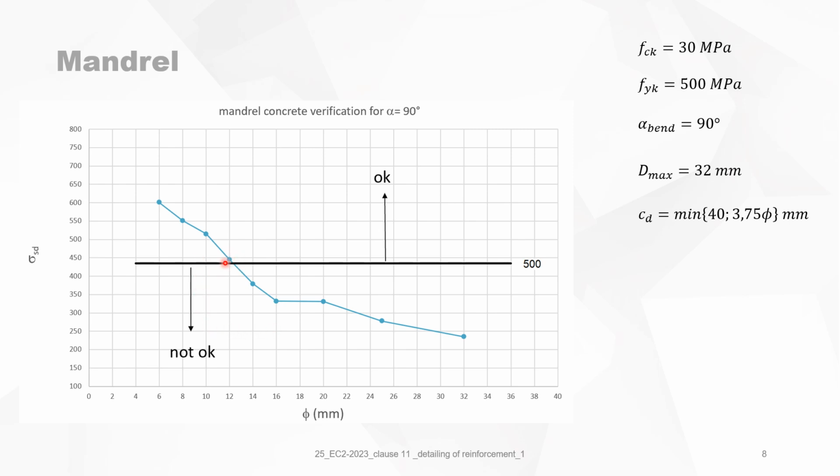When we look at this specific point, for a bend of 90 degrees, the maximum allowable steel stress is smaller than 435 megapascal in most cases, so the diameter must be smaller or equal to 12 millimeters. So alpha bend 90 is like a stirrup. You cannot use a stirrup with a diameter 14 to its full capacity, because the maximum is 370 or something like that. This is under the conditions that we use the minimum allowed mandrel diameter.